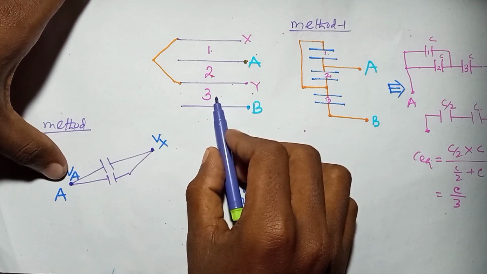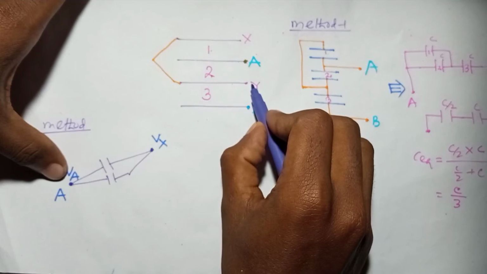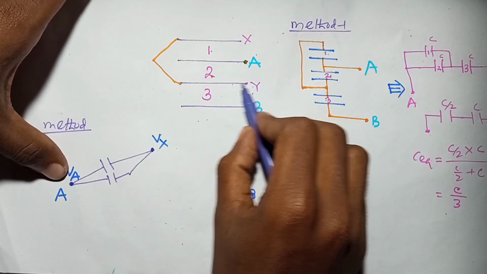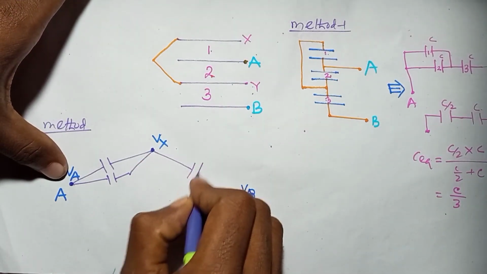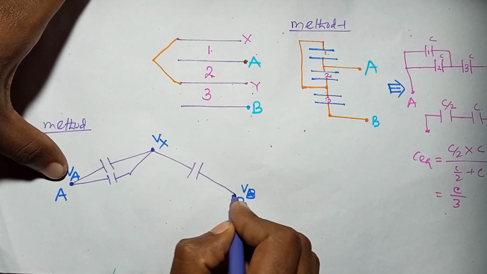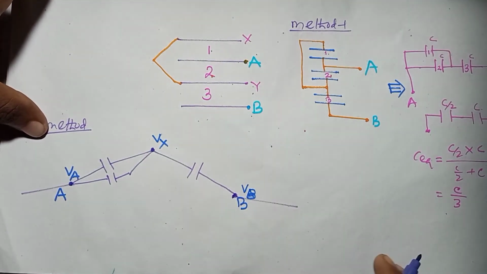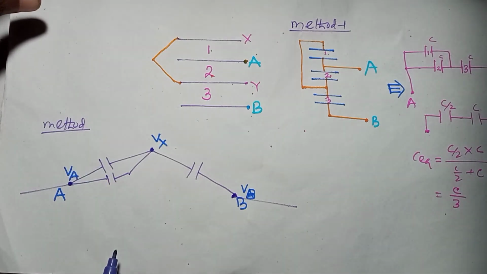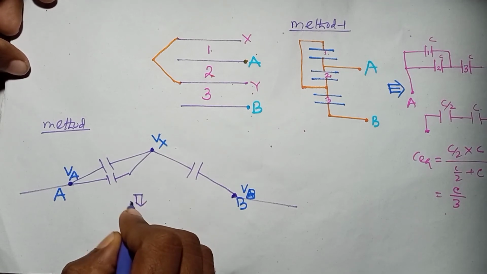Capacitor number 3 is present between Vy potential and Vb potential, and Vy is equal to Vx, so another capacitor is present between this potential. You have to draw like this, and then finally draw the equivalent circuit and find out the equivalent capacitance.